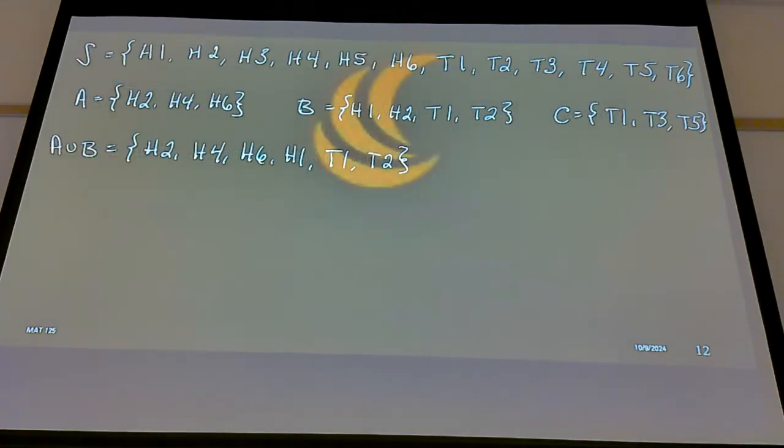And then we also want B intersect with C. And so remember, the intersection is everything they have in common, which is just T1. So B and C means like, okay.